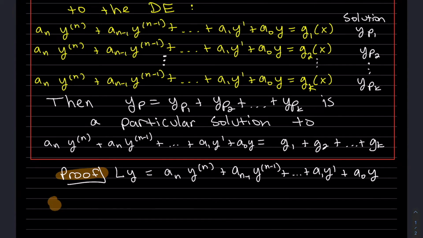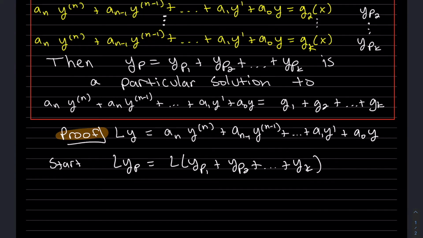So we're going to start with the linear operator on a particular solution. So we want really the linear operator on y1 plus y2 plus yk. Oh, I guess we're calling them p1, p2. Let me re-index those just to match these. Particular solution 1 plus particular solution 2 plus particular solution k.